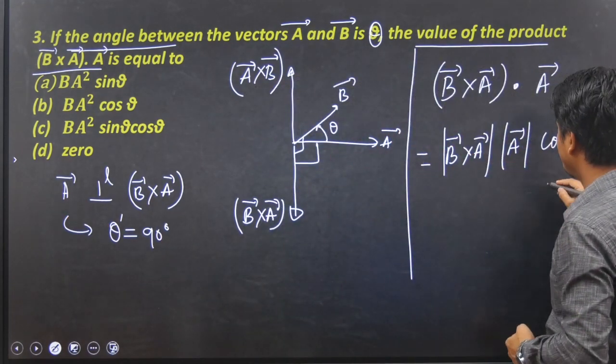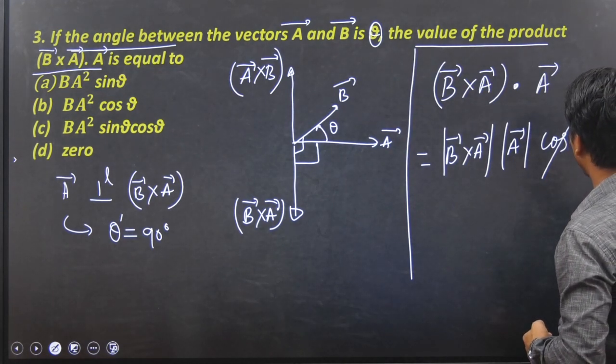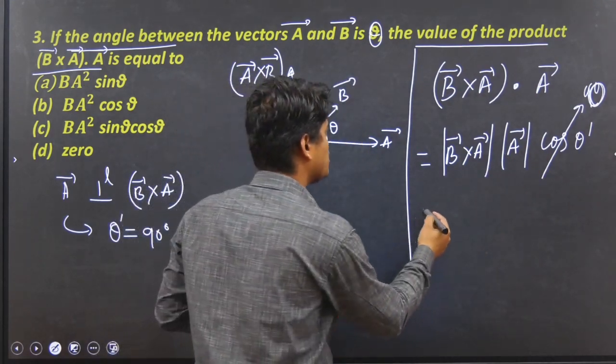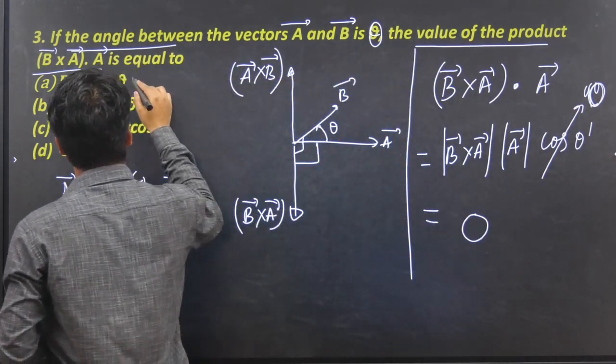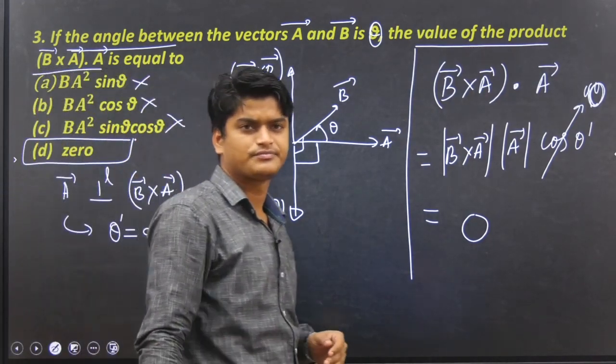If I put theta prime as 90, cos theta prime will become 0, then the answer will be 0. Now check the options: this option is not correct, so this answer will be correct. So the answer will be D.